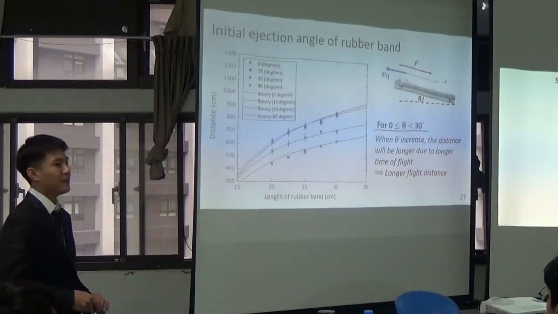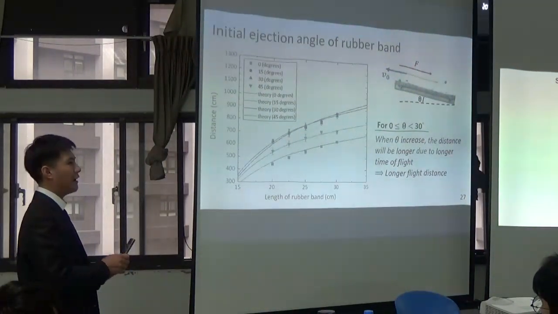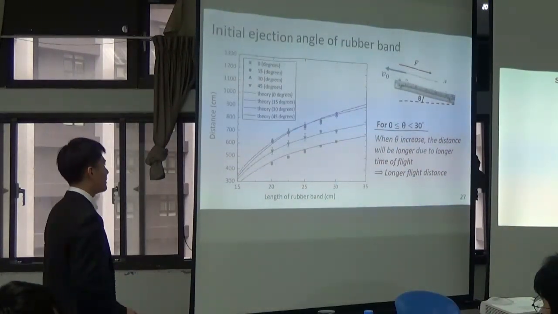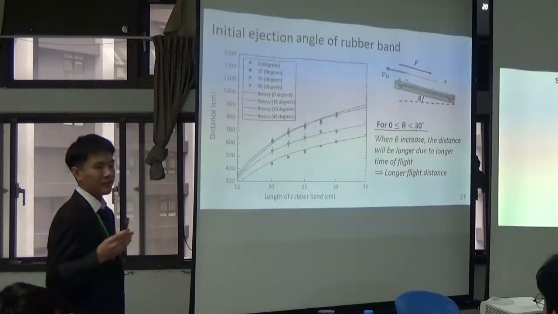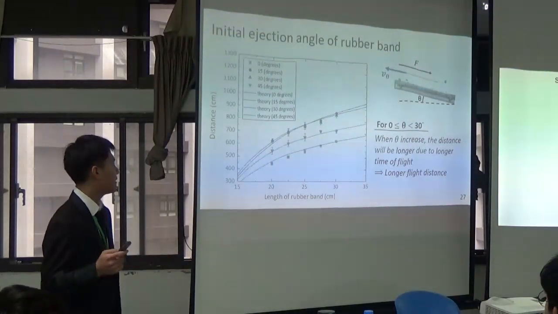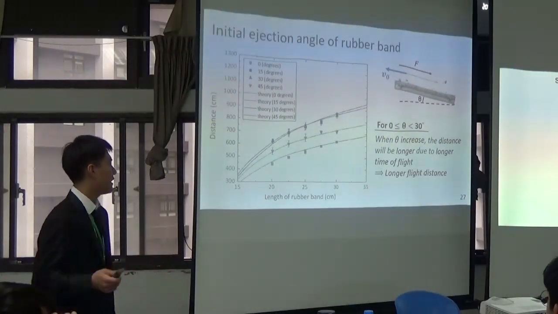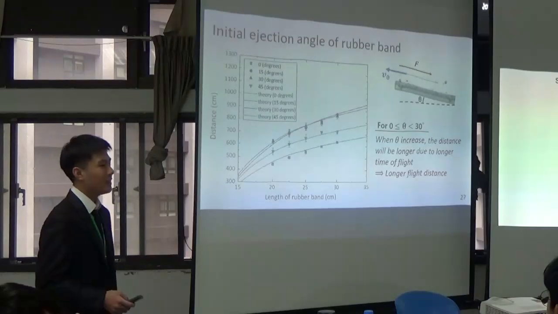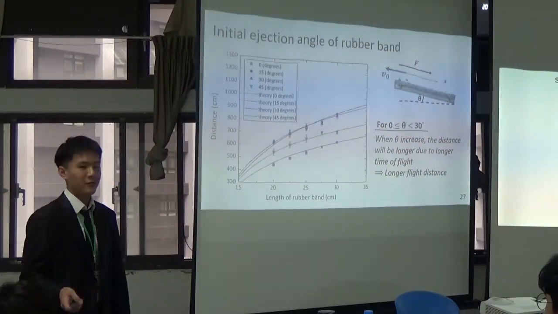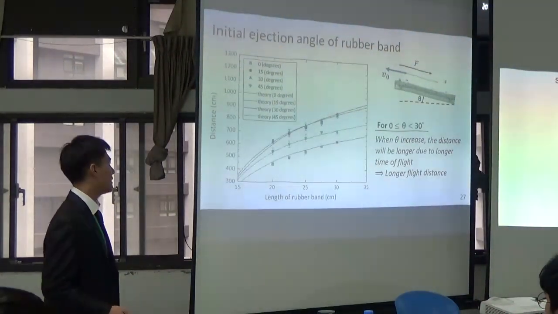And then here's our experimental data of how we vary the initial ejection angle of the rubber band. So for 0 degrees to 30 degrees, when the angle increases, the distance will be longer because of the longer time of flight. And also we got this from the numerical solutions, and it gives this longer flight distance.